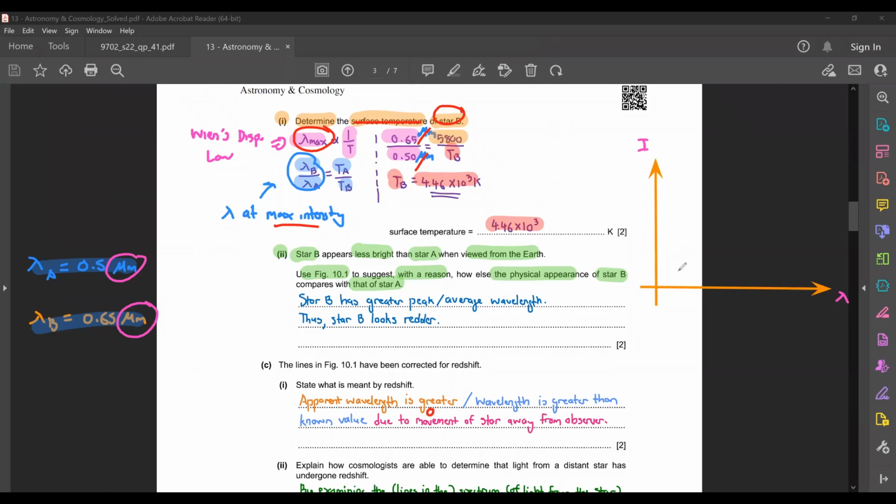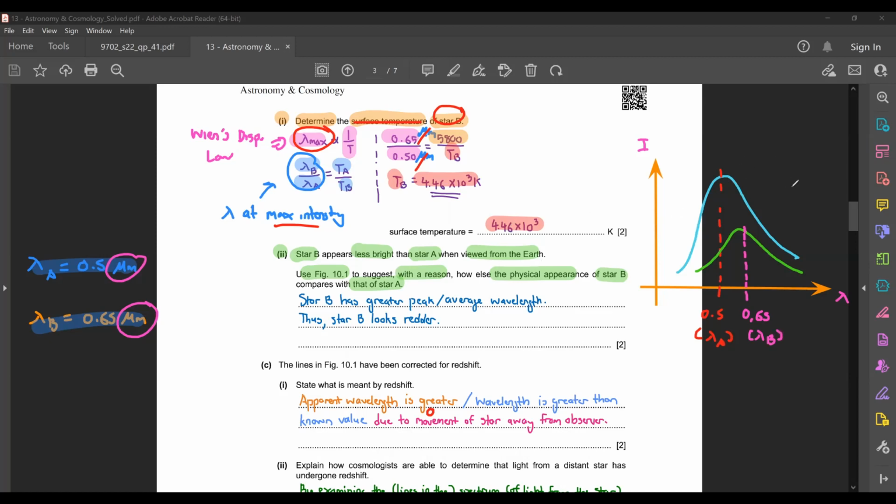Star A looked something like this, where the wavelength at peak intensity was at 0.5. This one is the wavelength at peak intensity for star A. And then for star B, you had a graph that looked somewhat like this. And then when it came to the wavelength at peak intensity for star B, it was somewhere around here at 0.65. This is the wavelength at peak intensity for star B.